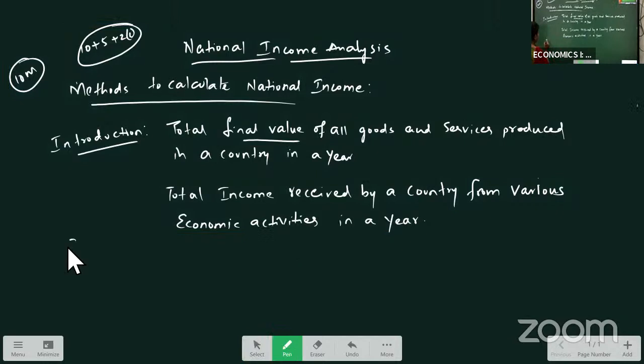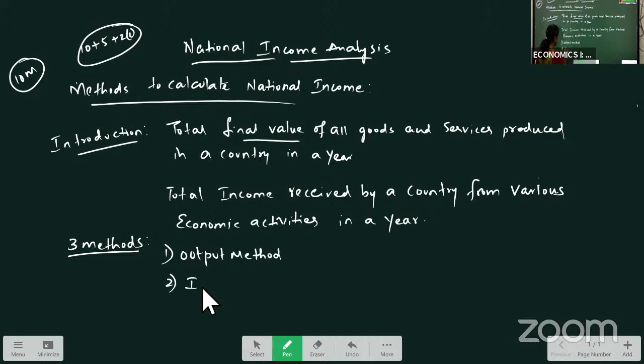So there are three methods of measuring national income. First one, output method. Second one, income method. And third one, expenditure method.